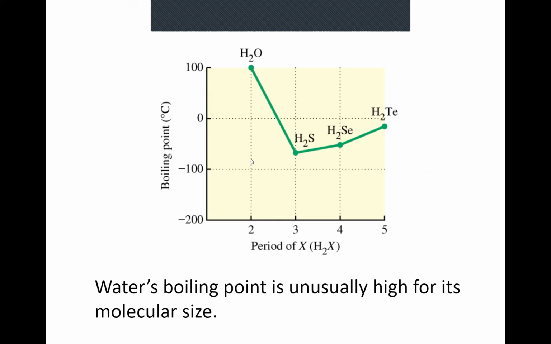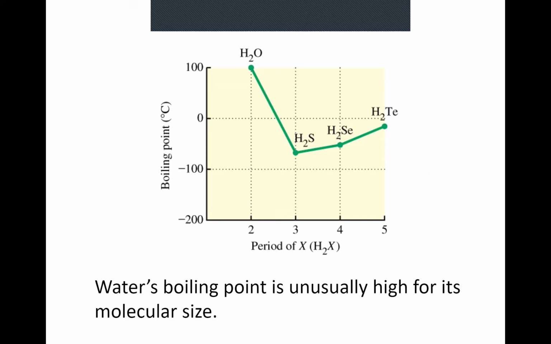But instead, we see something very different. H2O's boiling point is at a positive 100 degrees Celsius. That tells you something about the strength with which the liquid molecules adhere to each other. Because to boil means to move from the liquid state to the gaseous state, to move from a state where molecules are touching each other to a state where they're not.